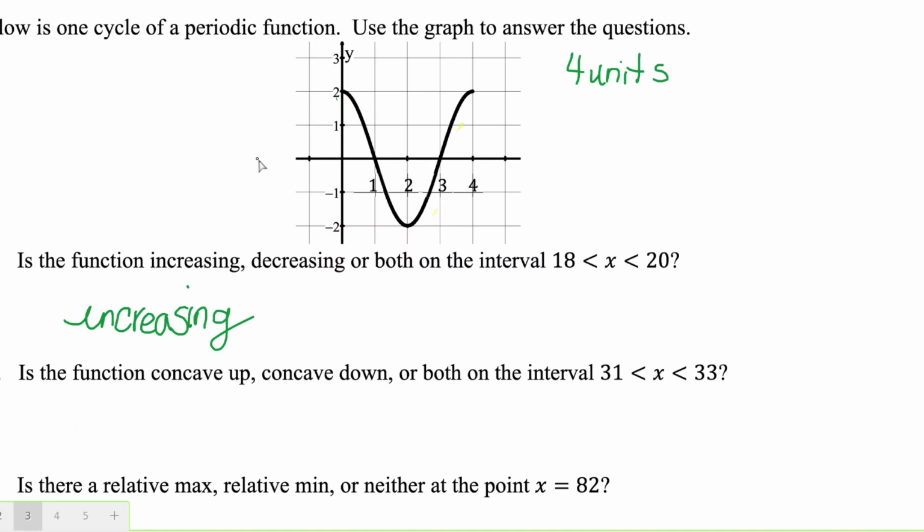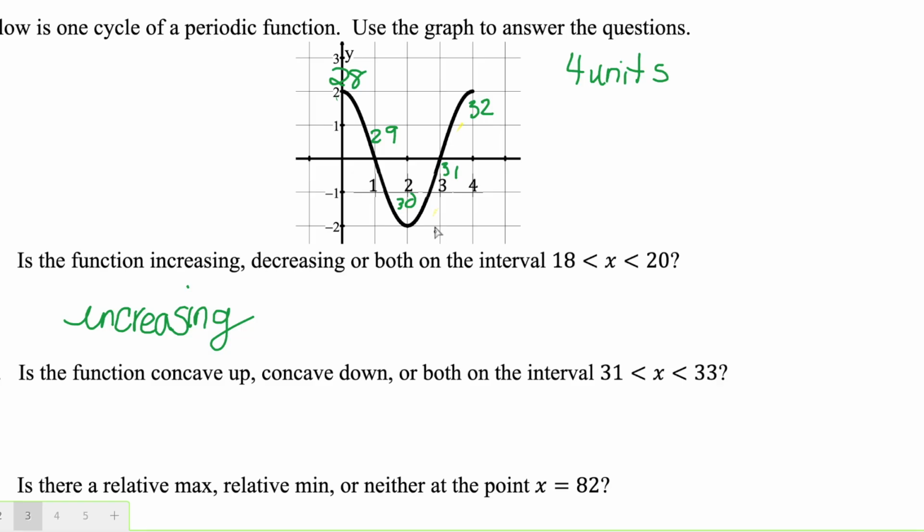So that means I'll have 7 cycles. So that means 7 will give me over here 28, 29, 30, 31, and 32. Look at that. So 28, 29, 30, 31, 32.